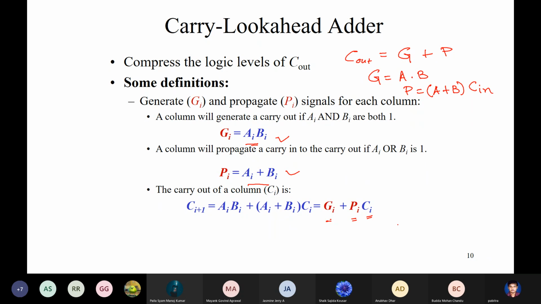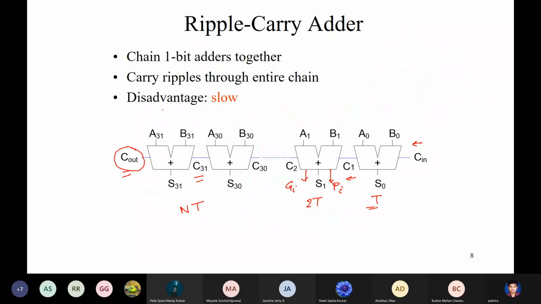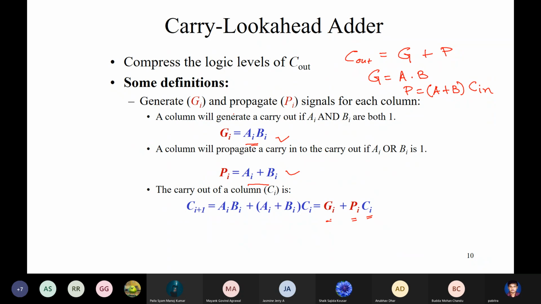Each of these adders we would call a column. The carry out of the ith column can be written in terms of the generator for the ith column, the propagator for the ith column, and the carry in for the ith column, or rather the carry out of the i minus 1th column.